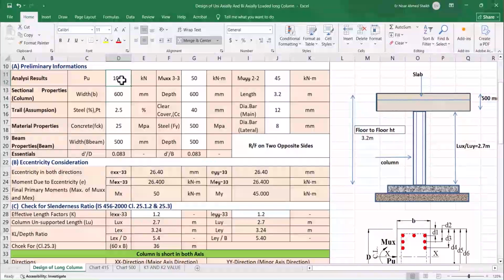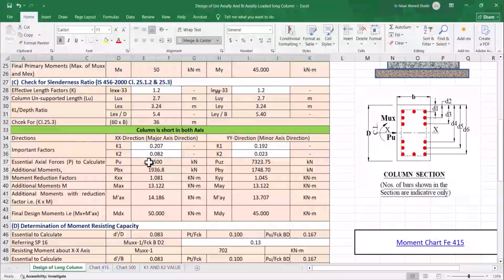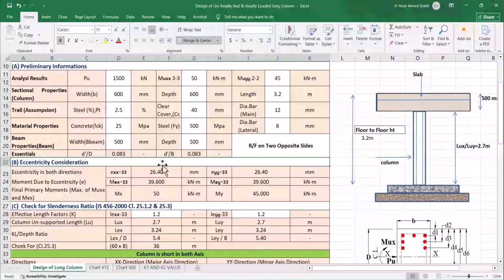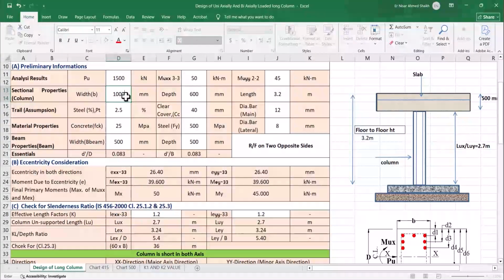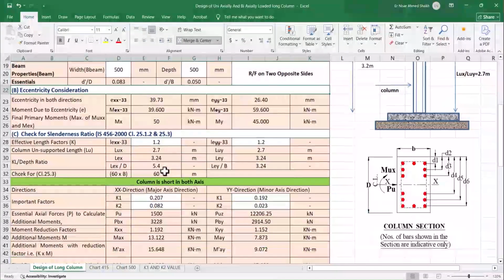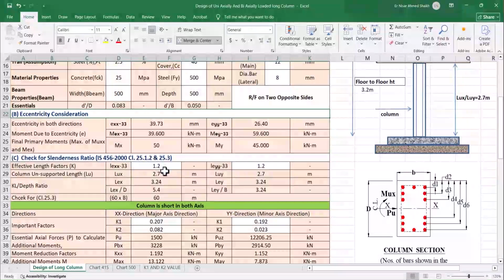Consider we increase the Pu to 1500, then just we consider 1000. Column is short.